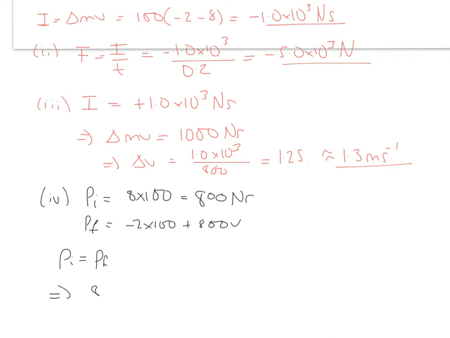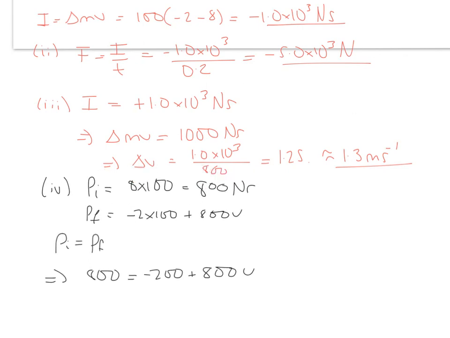So we have that 800 equals minus 200 plus 800 V. So we know that V is going to be, take the 200 over, so 1000 divided by 800, 1.25, again, 1.3 meters per second, to two significant figures there.